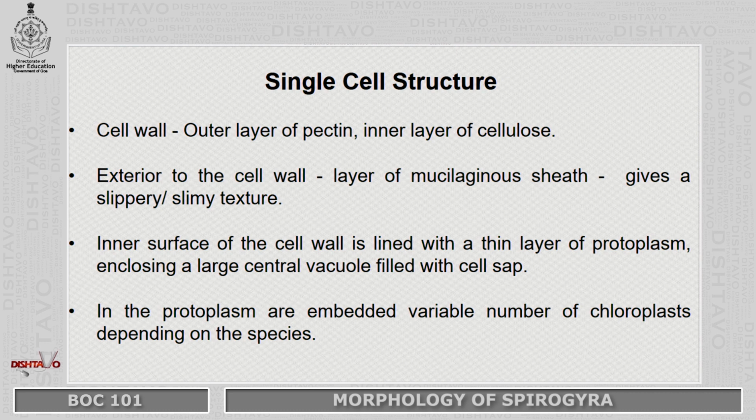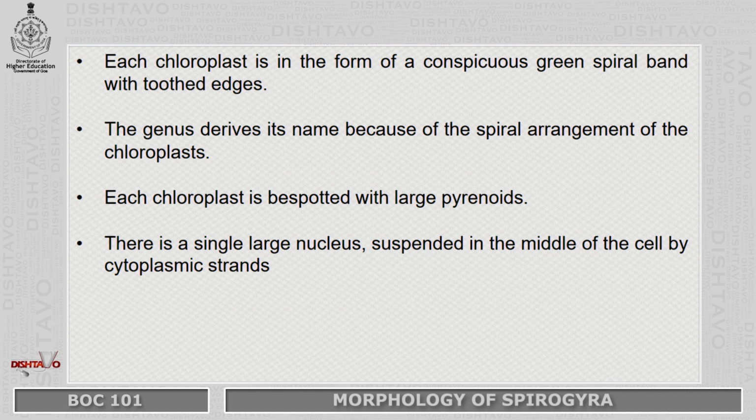The inner surface of the cell wall is lined with a thin layer of protoplasm enclosing a large central vacuole filled with cell sap. In the protoplasm are embedded a variable number of chloroplasts depending on the species.